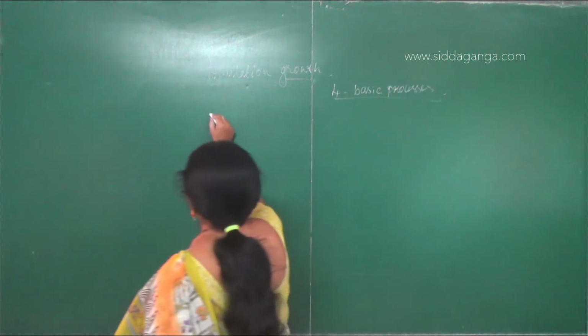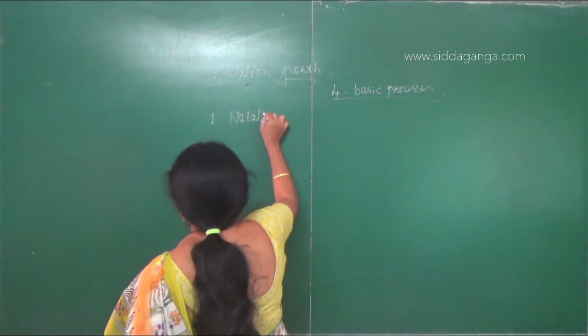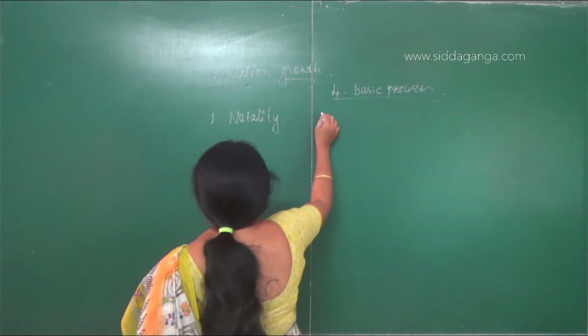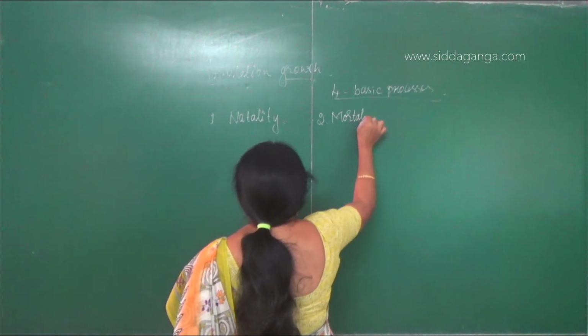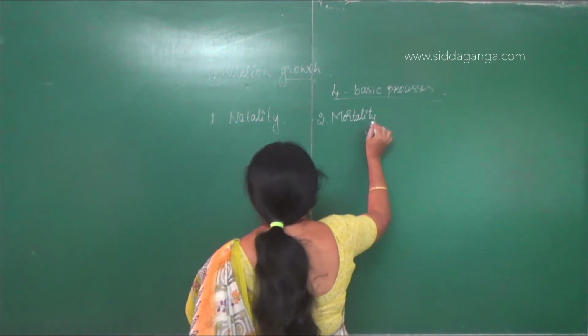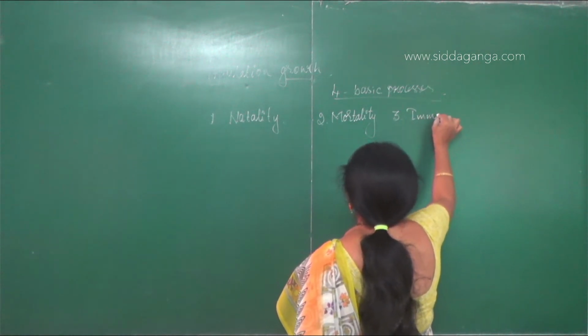So the first one is natality. The second is mortality. The third is immigration.